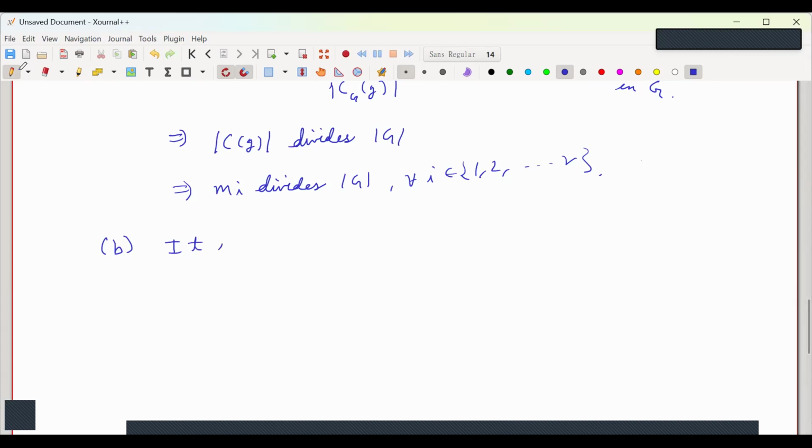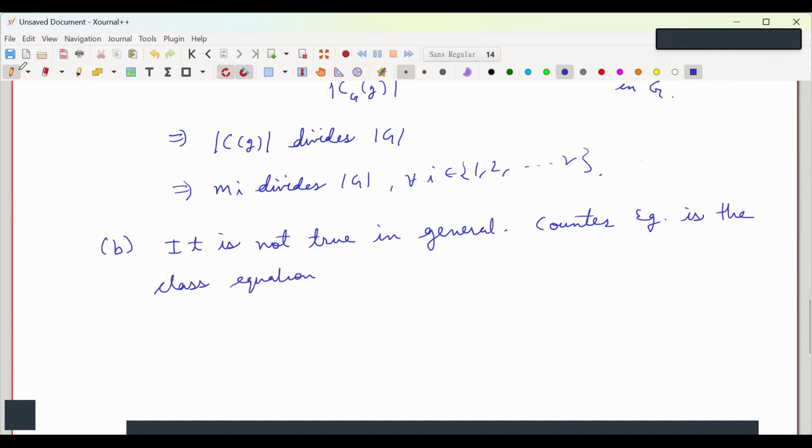Part B, A is not true in general. The counter example is the class equation of Q8.